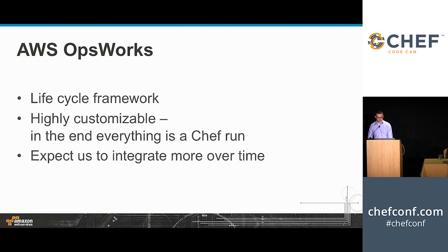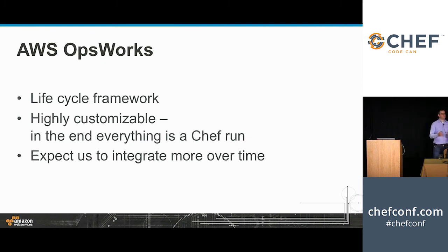The thing that you should remember about OpsWorks and where it differs is that we have this lifecycle framework. It's highly customizable, so you can basically override anything that we ship in terms of the cookbooks and the recipes. They're just convenient. You don't have to use them. And then we will try to integrate more and more over time with Chef and of course with other AWS services, so that our goal is for you to be able to take any community cookbook, and it will just work on OpsWorks because the environment will be the same.